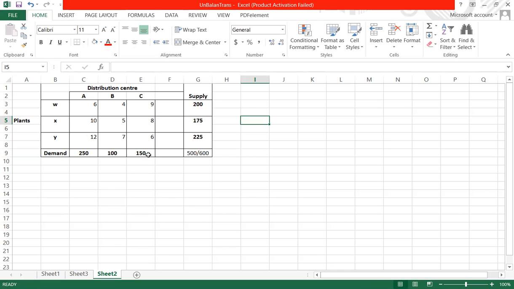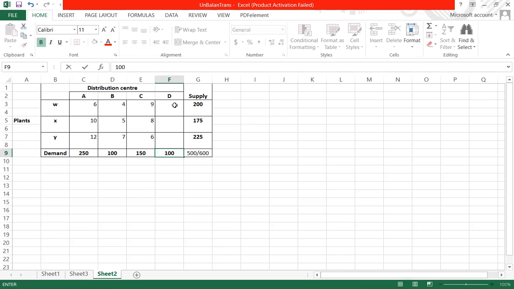The total of demand is 500. So here the demand is less as compared to supply. So we need to add a dummy distribution center whose demand will be the difference of supply and demand, that is 100.